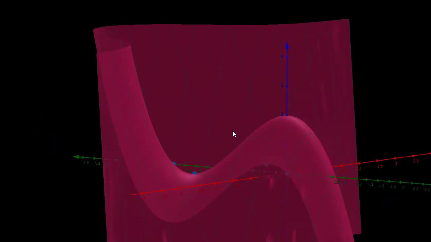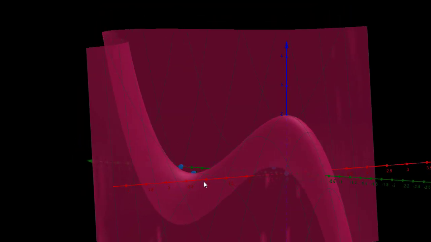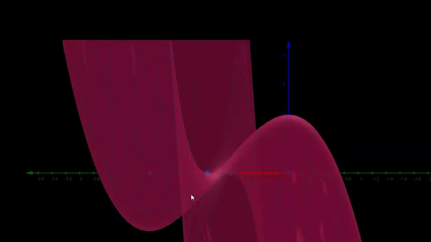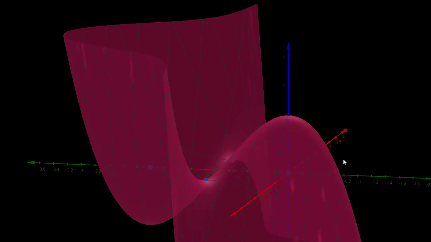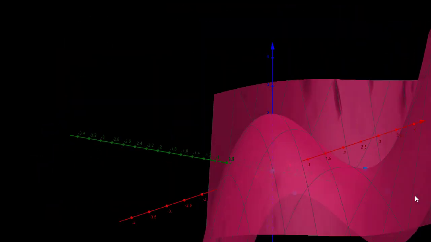Again, it can be kind of tough to see what's going on with the saddle points. But if I look at this one, in this direction we see a minimum, but if I spin around this way, we see that there's a maximum. So that's what that D function is testing.